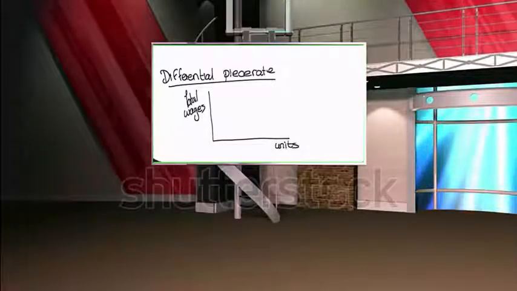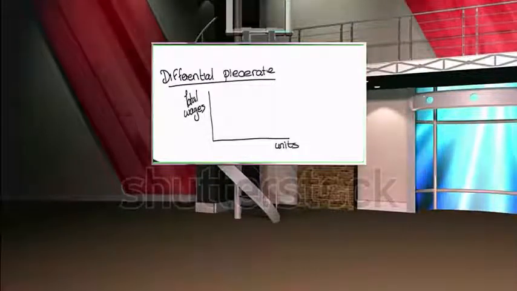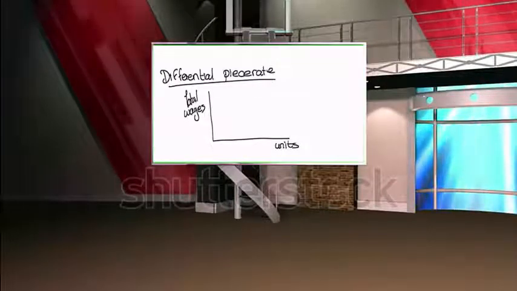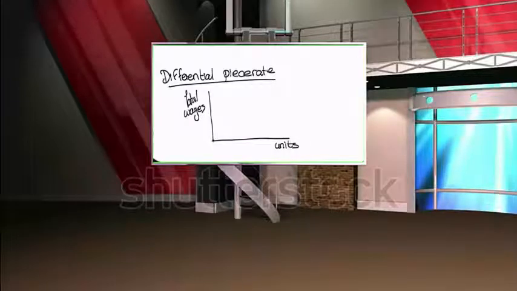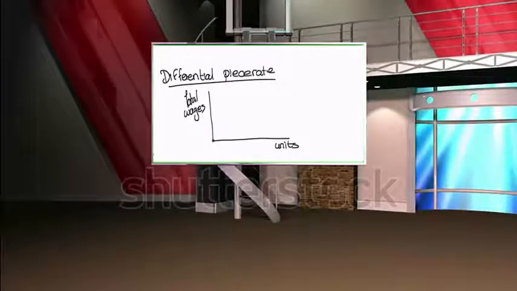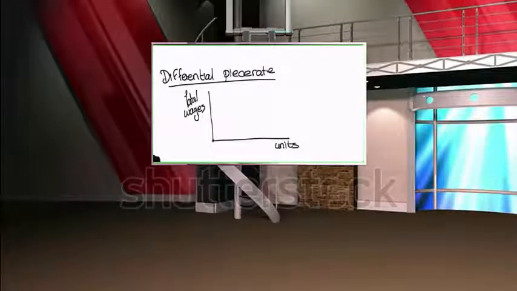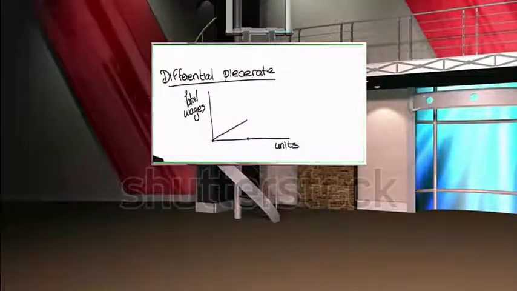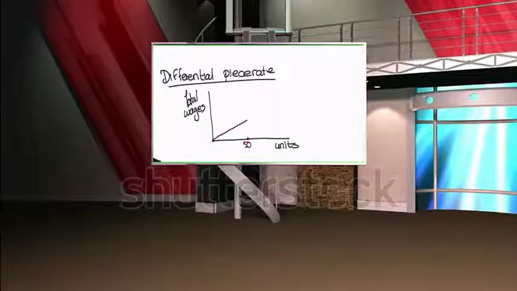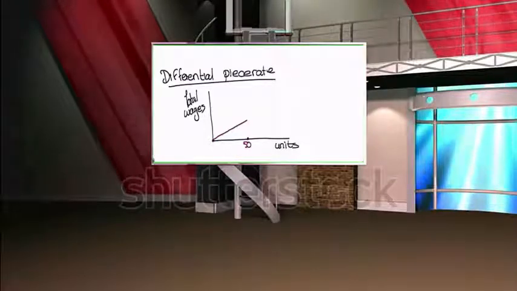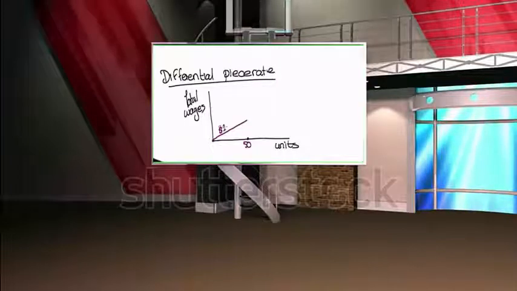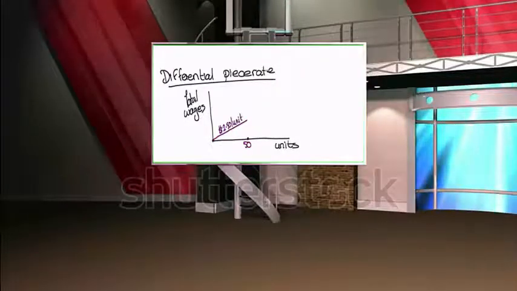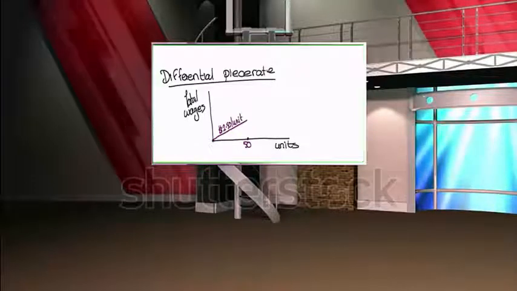So how much will they get paid when they produce 0 units? Based on what we've been told, 0 units means 0 wages. Once they start producing units, they'll get $2.50 for each unit produced up to 50 units. So for our first 50 units, the total wages will increase at a rate of $2.50 per unit.